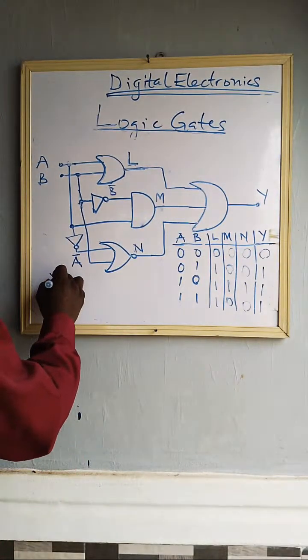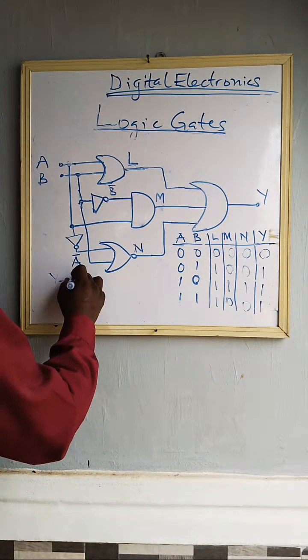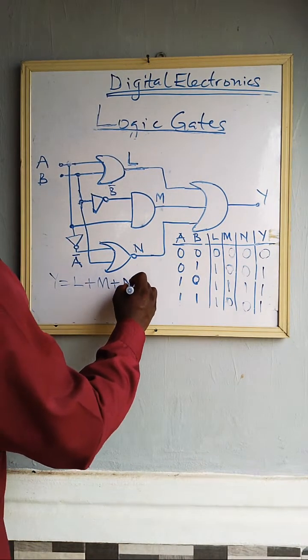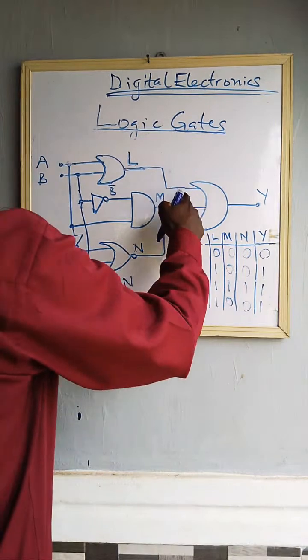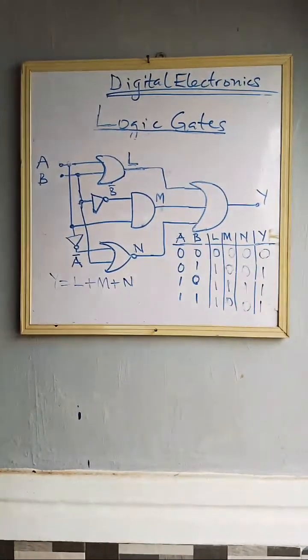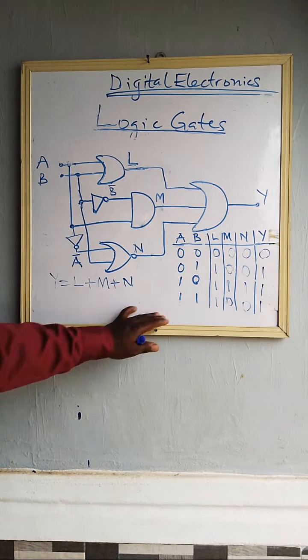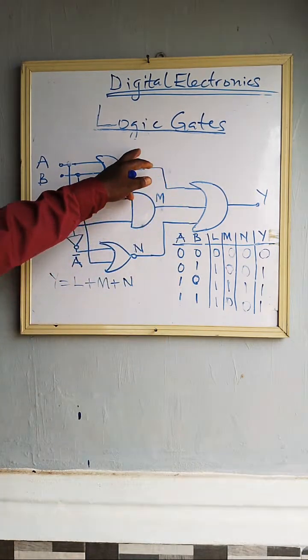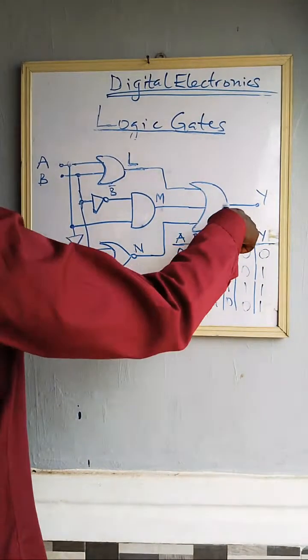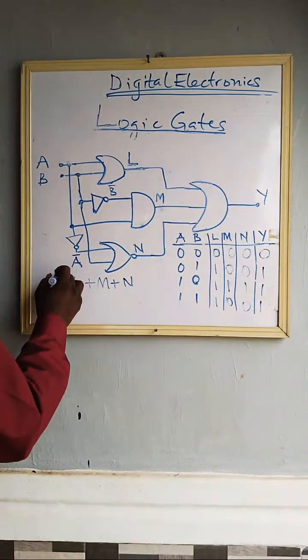So we can have Y equals L plus M plus N. L, M, N are now entering an OR gate. So if it's an OR gate, we're going to write out the expression for L, M, and N, and then put them out as an OR function into the Y. And this is what we have.